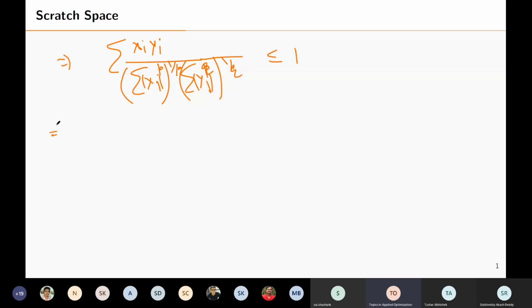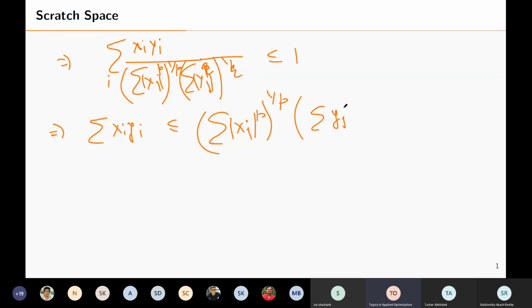So far this is what we have, but then we move this there, right? So this implies sum of x_i y_i, because there is no i dependence here, so this is like a constant, so it can be moved that way, is less than or equal to the sum over x_j^p to the 1 over p, times the sum over y_j^q to the 1 over q. So this is the Holder's inequality.